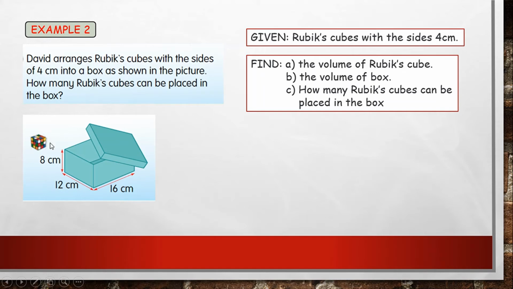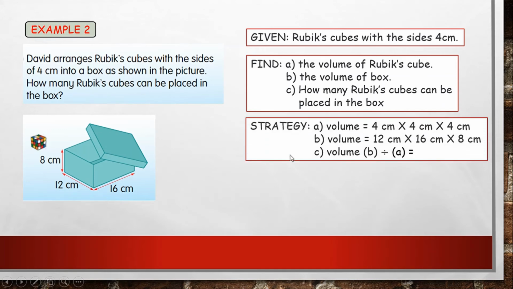First, we have to find the volume of the Rubik's Cube. And then B, the volume of the box here. And then C, how many Rubik's Cubes can be placed in the box? This is the question. Now our strategy: for A, the volume of the Rubik's Cube is 4 cm multiplied by 4 cm multiplied by 4 cm.